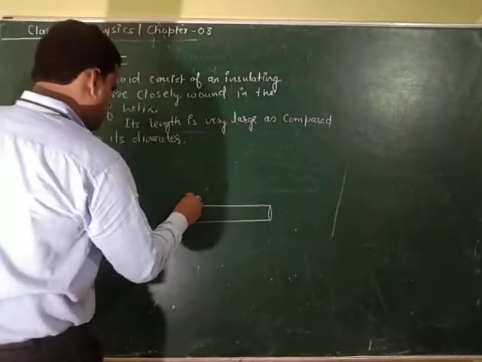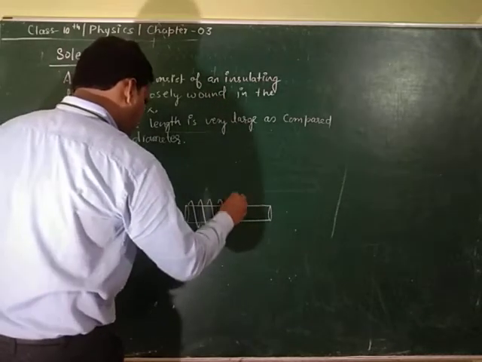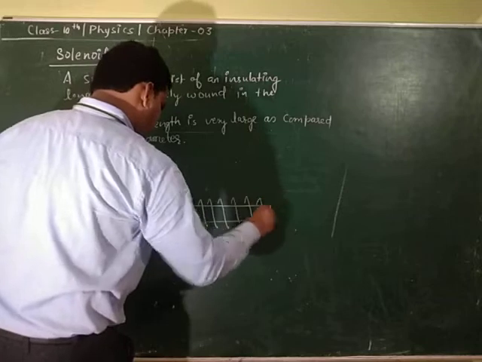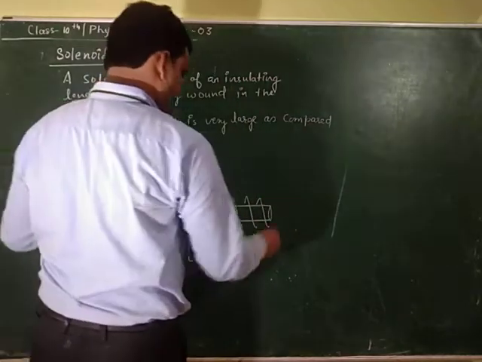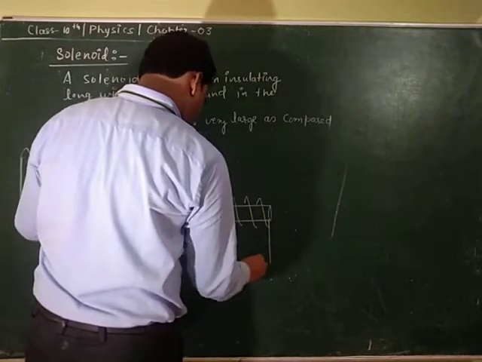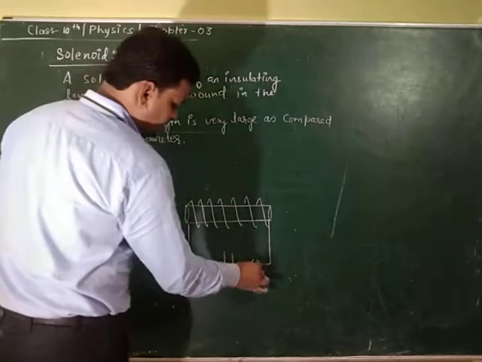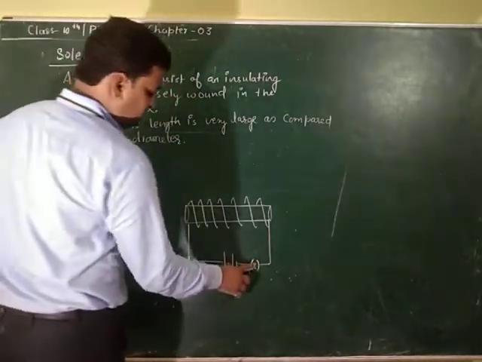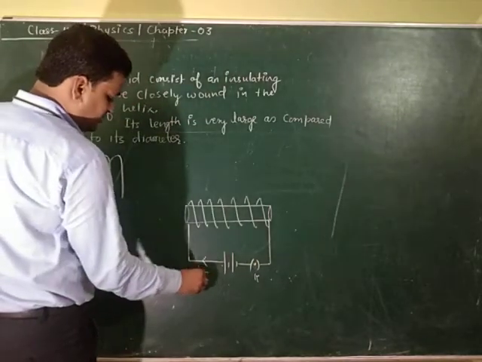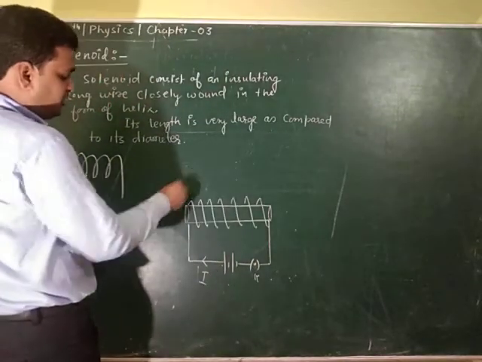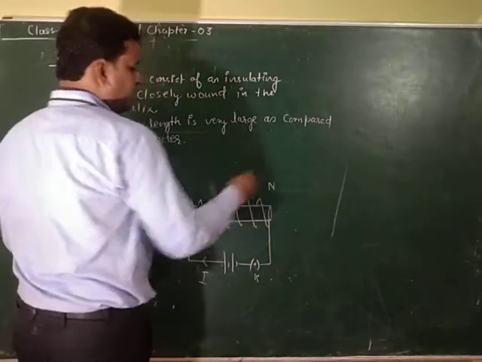Okay, this is a wire. This is key. If the current is flowing in this direction, here it will be a south pole and there will be a north pole. And how?